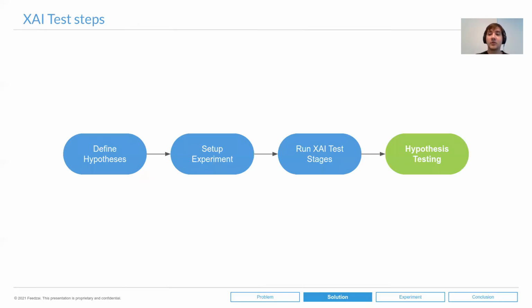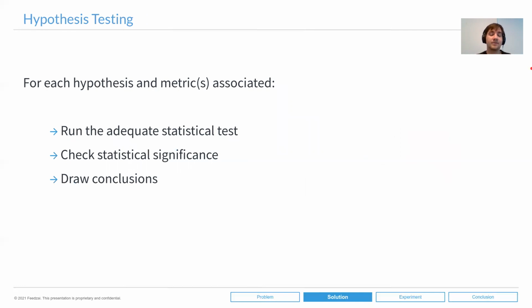And then we go to the hypothesis testing based on the results that we gathered from running the experiment. So for each metric and for each hypothesis, we have to select the correct statistical test and check for significance. And then we can validate or reject our initial hypotheses.